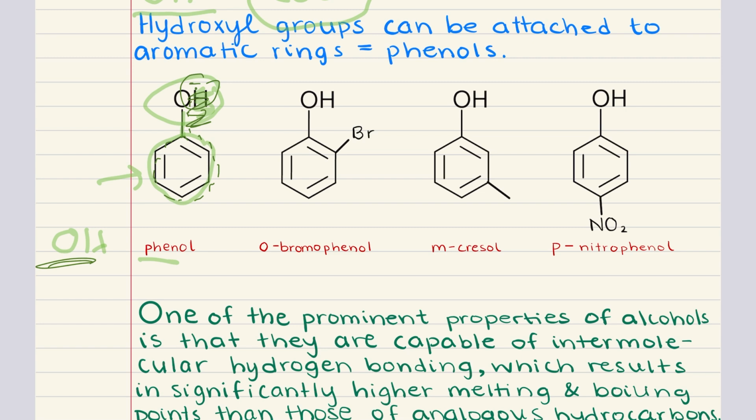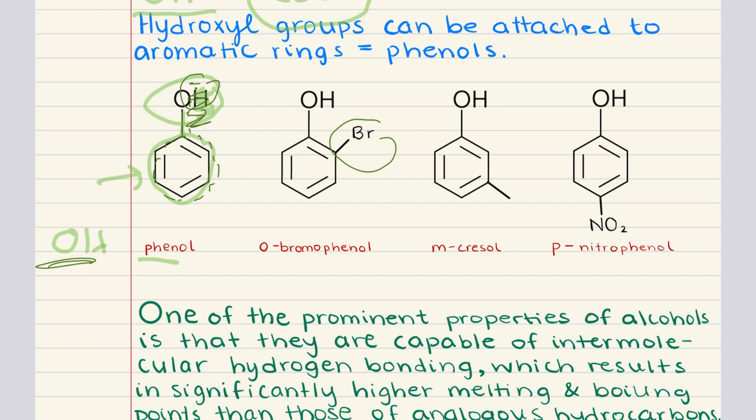Another key feature is their ability to form substituted derivatives, where additional functional groups are attached to the benzene ring. The positioning of these substituents follows a specific naming system based on relative positions on the ring.